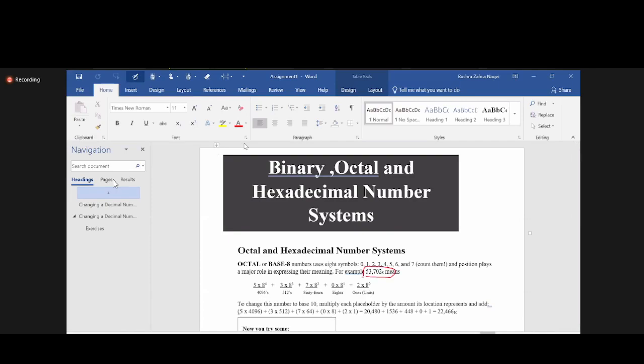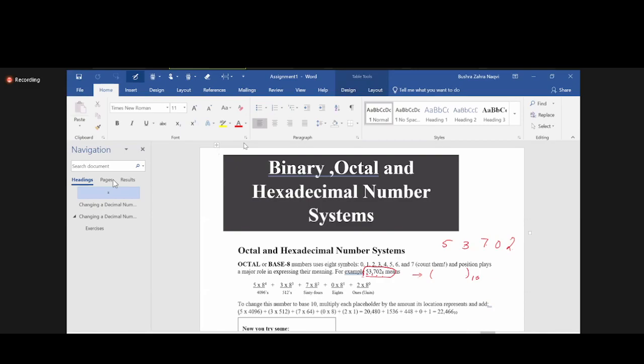So 53702 base 8. When you're converting from base 8 to base 10, you just multiply each number by its weight. The number is 5, 3, 7, 0, 2.